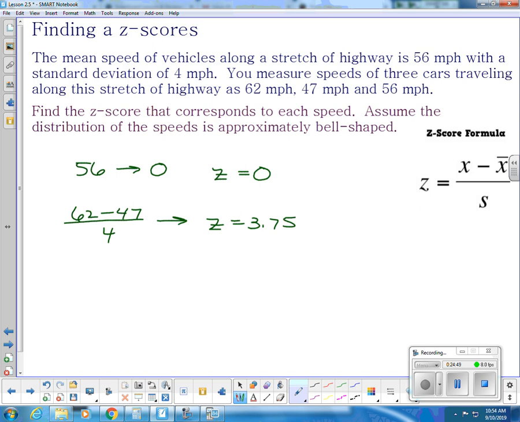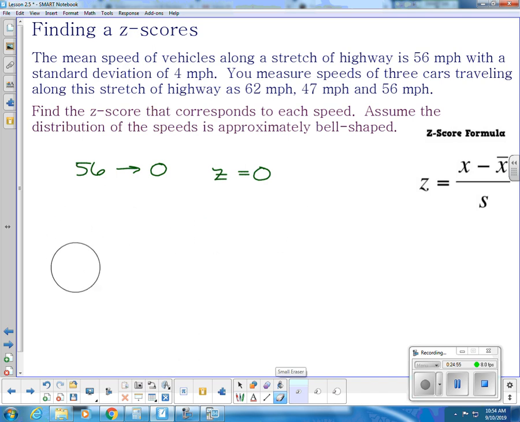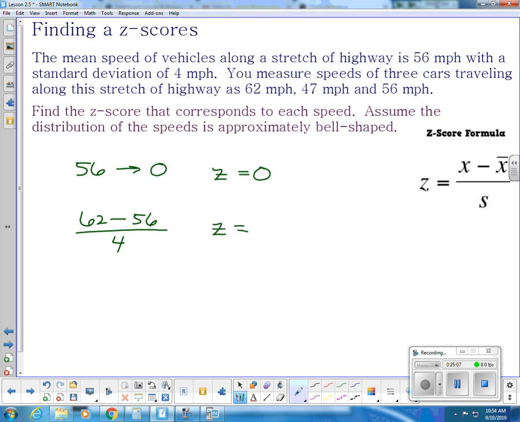Okay, so 47, guys, let's go back. 62, what is the mean? We subtracted the 47. I was going to say, well, that's just weird that they gave you one. All right, 62 minus 56. 1.5, that's a little bit better.